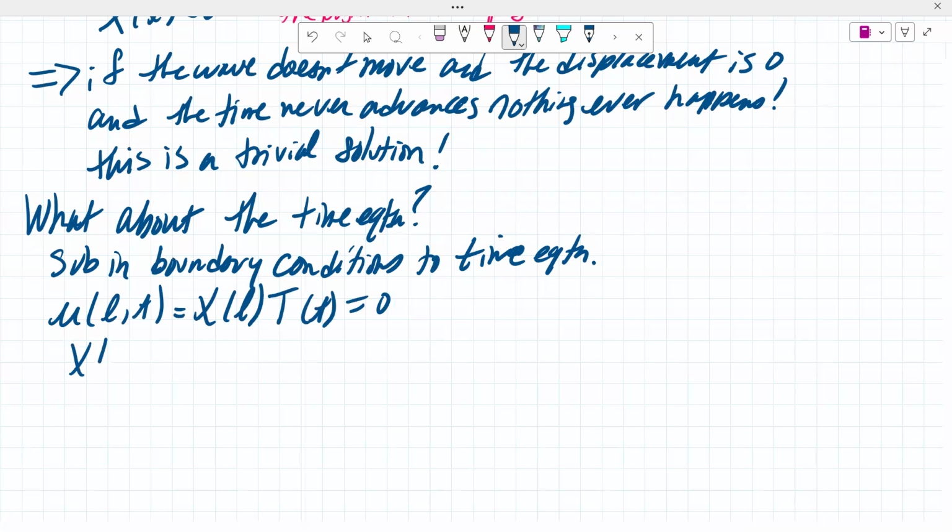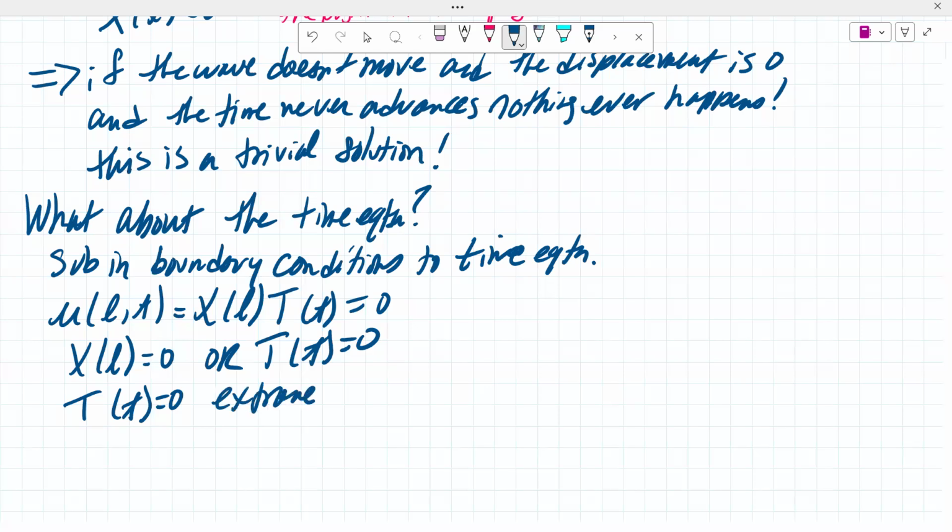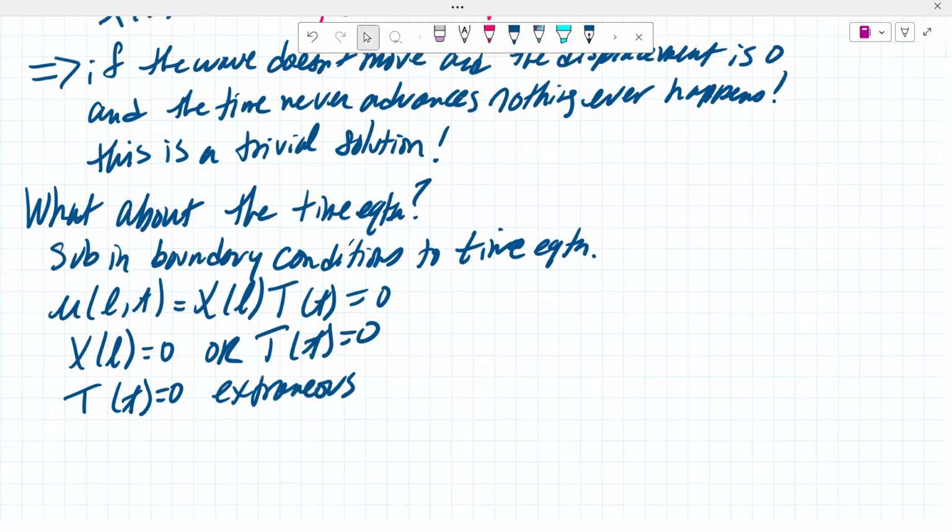This is X of L equals 0, or, for the same reason, T of t equals 0. T of t equals 0 again doesn't make sense. This is again extraneous. The time is always 0.